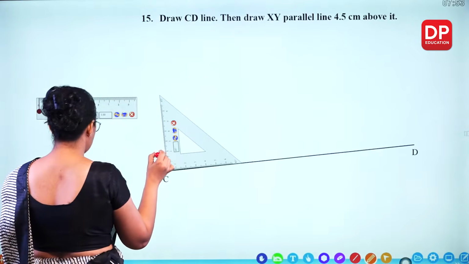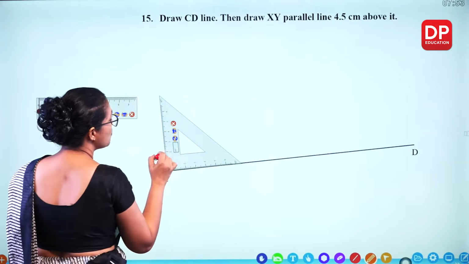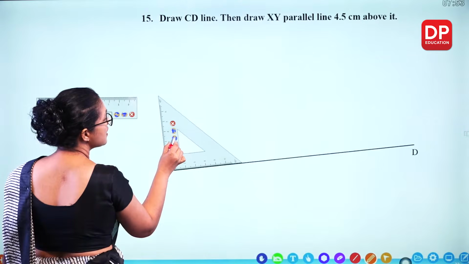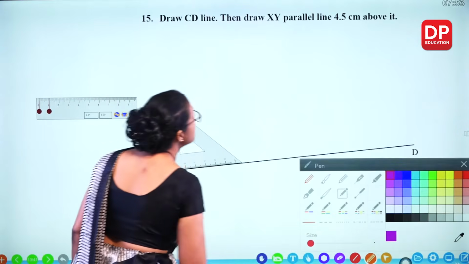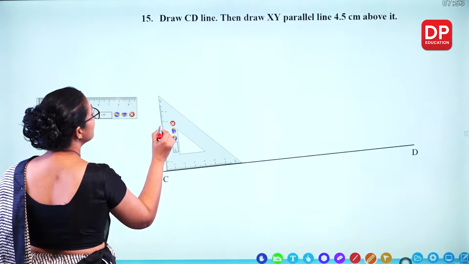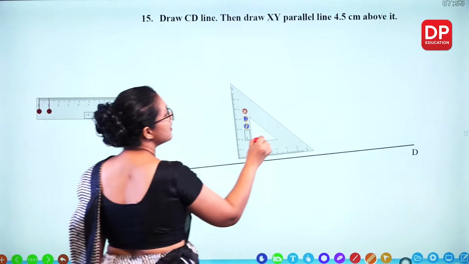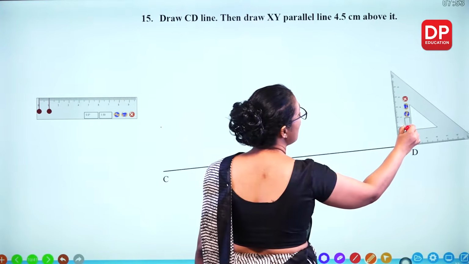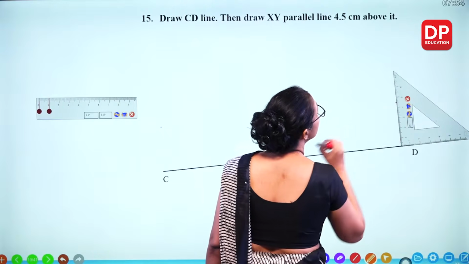First we can mark a point above C, 4.5 centimeters away, somewhere here, and then mark another point above D, 4.5.